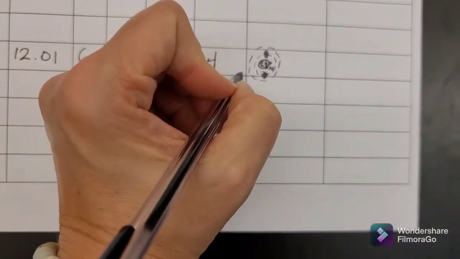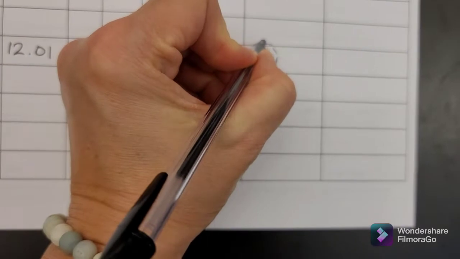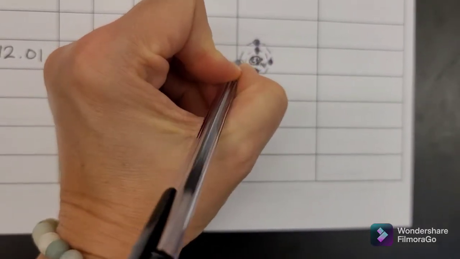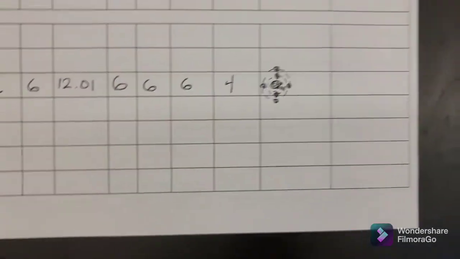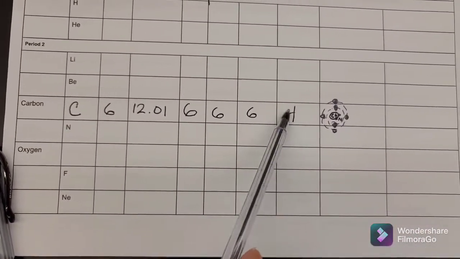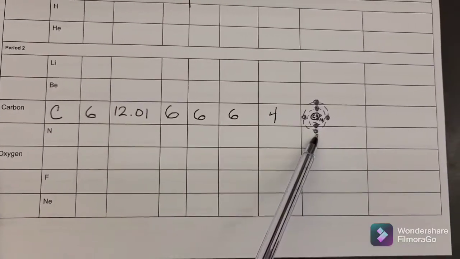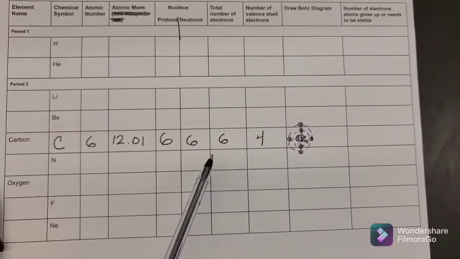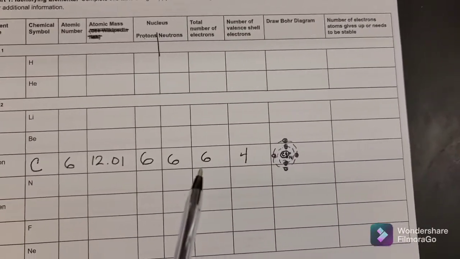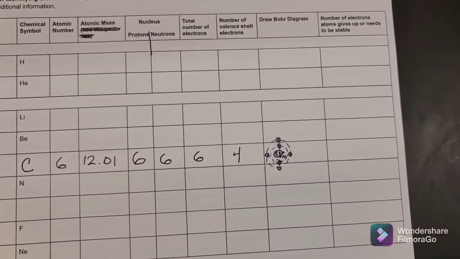If I put them in clock positions, I'd have 1 at 12, 1 at 6, 1 at 3, and 1 at 9. At this point, you should just double check your work, check your numbers. Well, you said there were 4 valence electrons. Did you draw 4 electrons in the last shell? You said it had a total of 6 electrons. Do you have a total of 6 electrons in there? Okay, so just check your work when you draw your Bohr model.